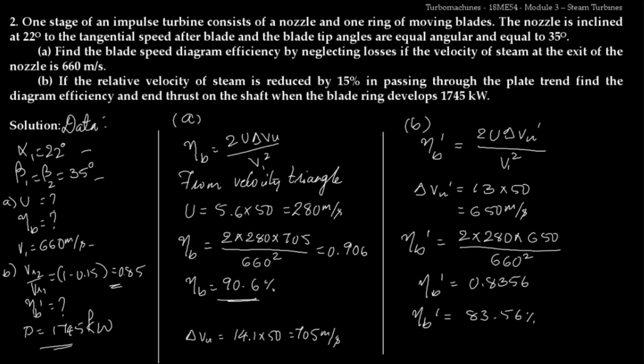In the first case, that is case A, we had just considered only the theoretical velocity diagram without any losses, or the ideal case, but here we are considering the actual case where there is a reduction of 15% in the relative velocity, and that results in a reduction of around 7% of efficiency.